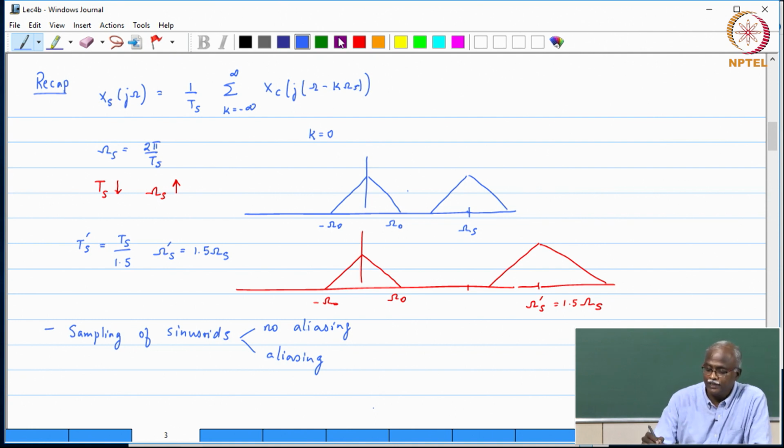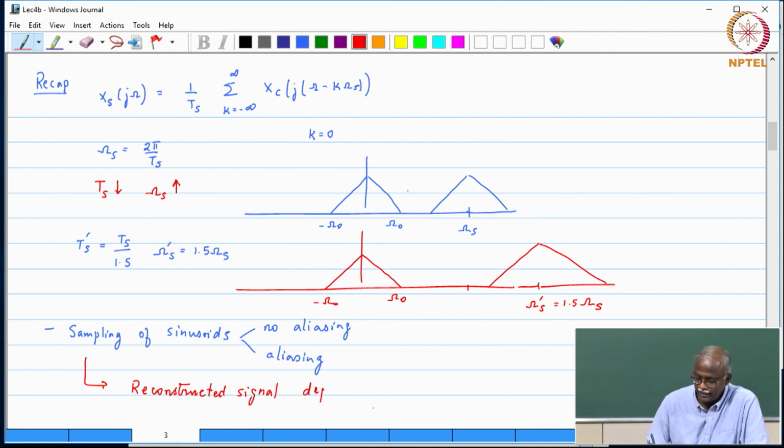So, the statement that we can make as far as the sampling of sinusoids and the reconstruction is concerned is that the reconstructed signal depends on the spectrum that lies between minus omega s by 2 to omega s by 2. It does not matter whether that was part of the original spectrum or of one of the shifted spectra. That is what we saw in the last lecture.